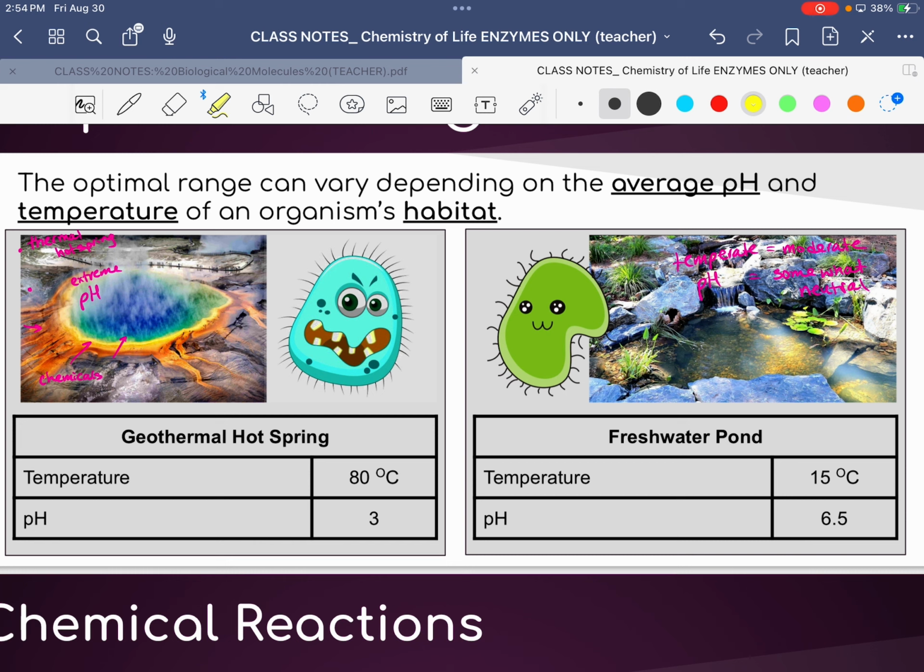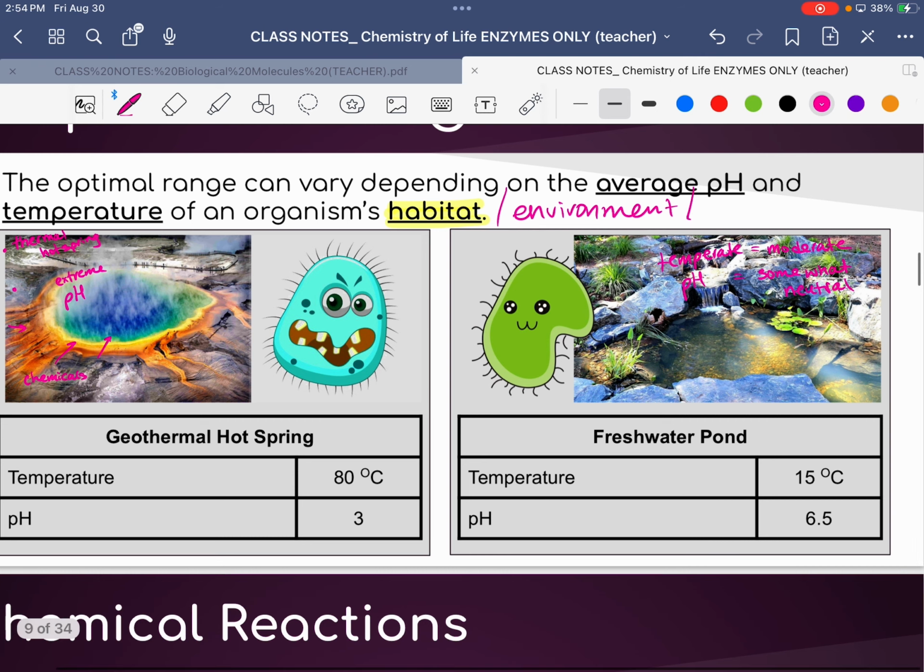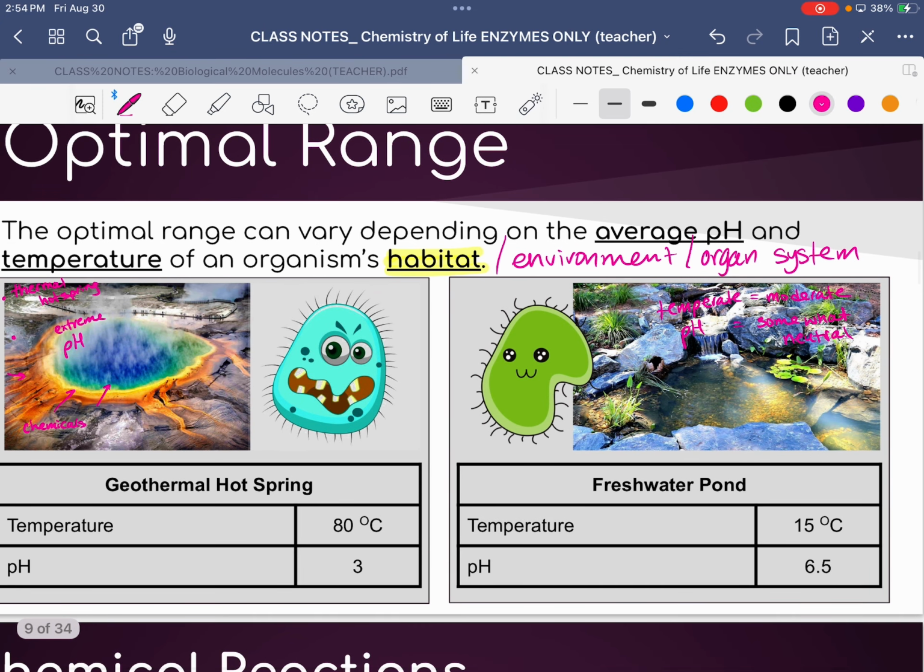So we just want to make sure that we understand that the habitat, or the environment, or the organ system and its intended function matters. So for example, the cells of the stomach, right? In the stomach, we'll talk about this a little bit, the stomach has a very low pH, and we'll talk about that in a minute.